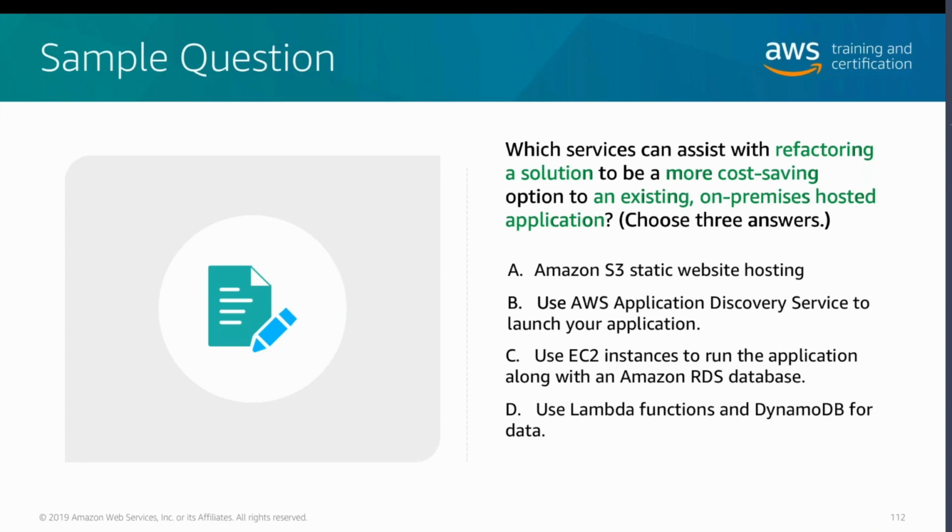AWS static web hosting, yeah, that would work for us. EC2 instances to run the application along with an RDS database, yeah, sure. Or perhaps even Lambda functions and DynamoDB for the data. Absolutely, those would all be good options for services that would work, and we could rule out application discovery services to launch our applications.